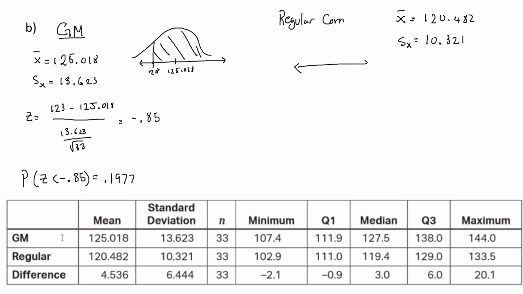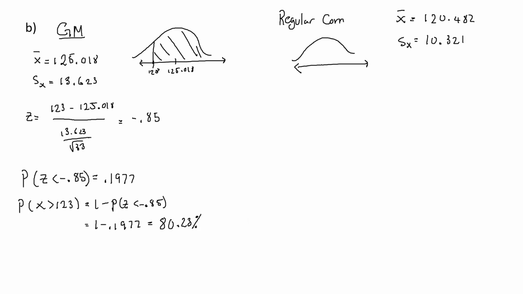So once again, our goal here is to find the probability above 123, since the mean of 120.482 is approximately 123. Our goal is to figure out this region. Our z-score will be 123 minus 120.482 over 10.321 over radical 33, which will produce a z-score of 1.40.